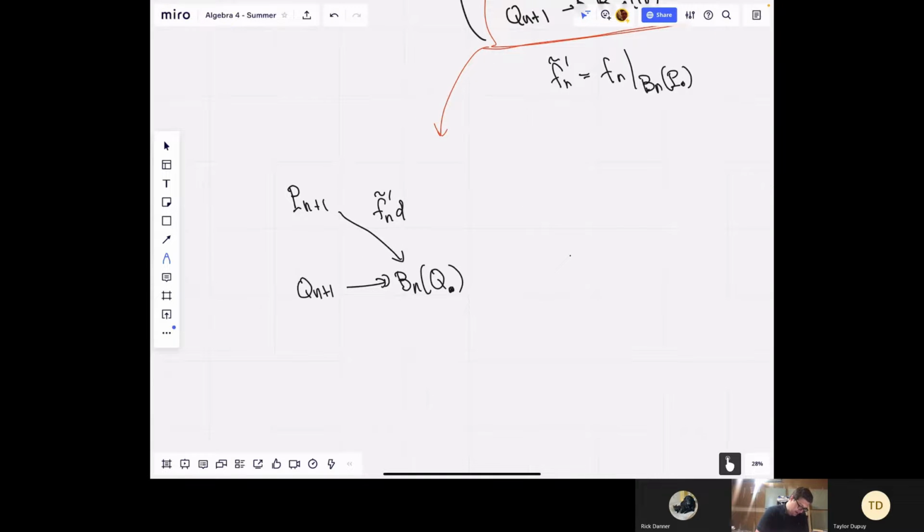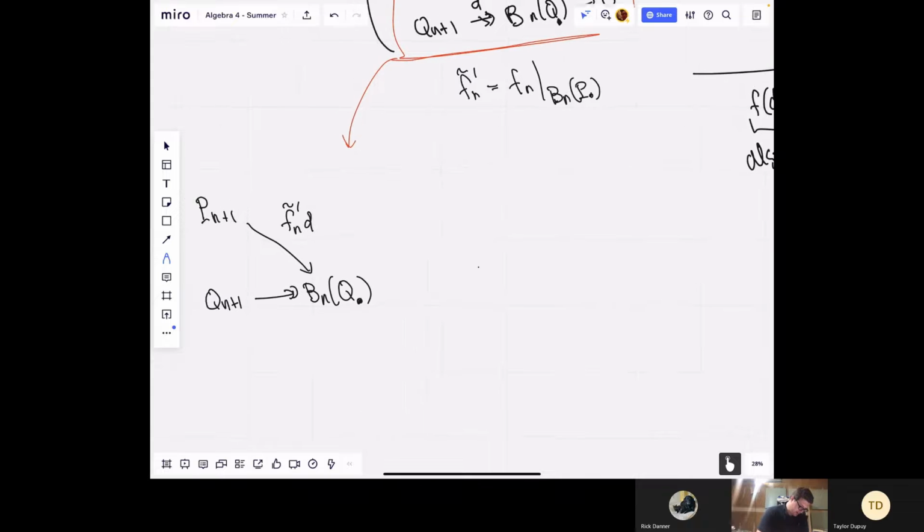Okay, so this is a surjective map of modules, and you have a map from a projective module. So this implies that we can fill this in. So this is here, and this map is the D map.